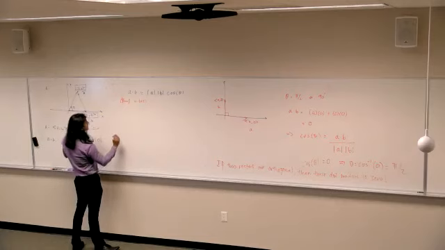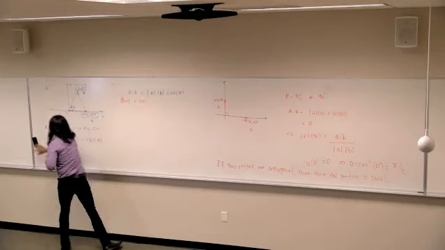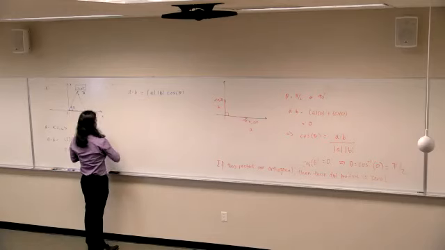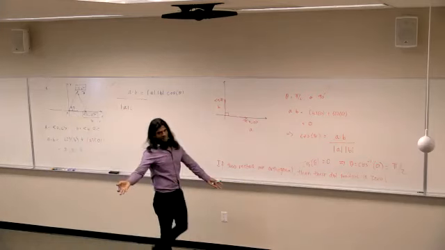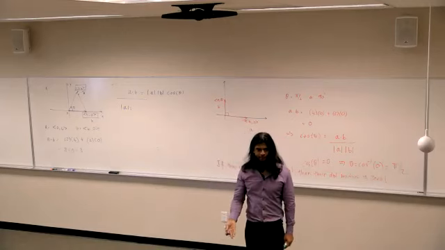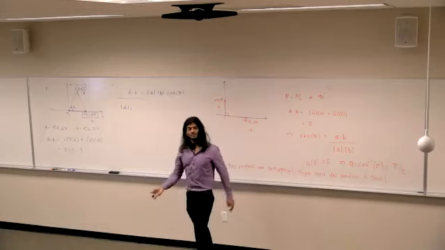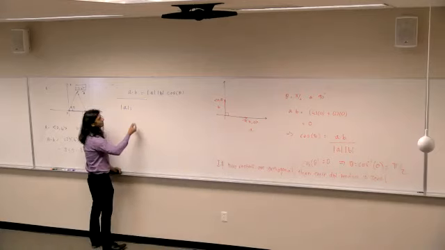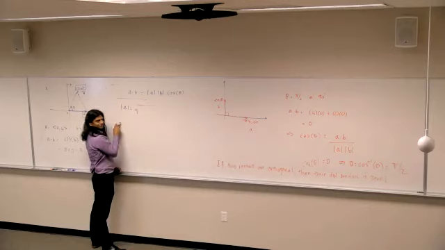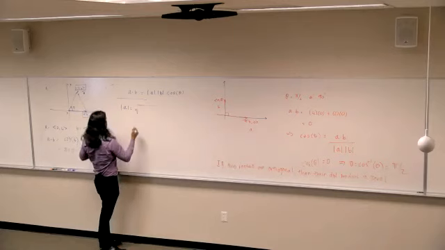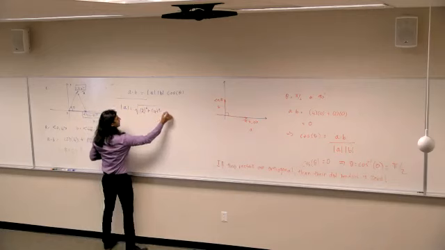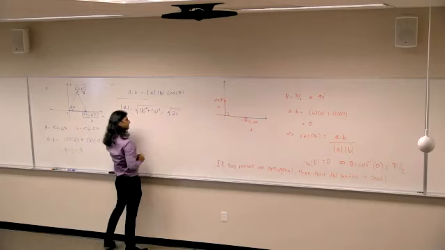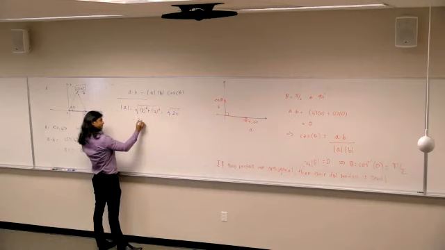Now, the next step is to find the length. Length of A. What is the magnitude of A? How did we find it last time? Just the distance formula, which is the square root of 2 squared plus 4 squared, component 1 squared, 2 squared, 4 squared, which is square root of 20, or 2 root 5.